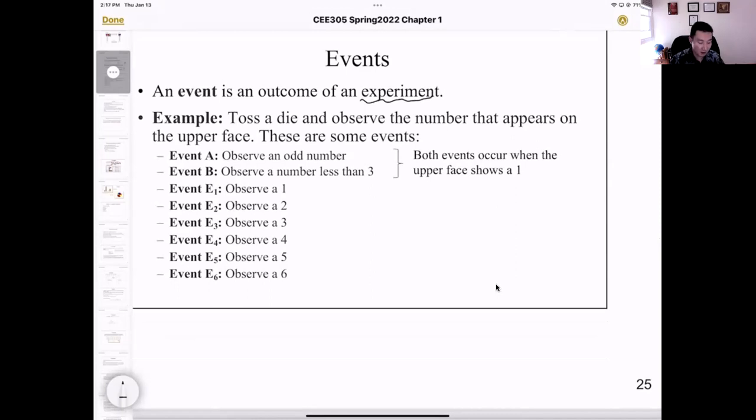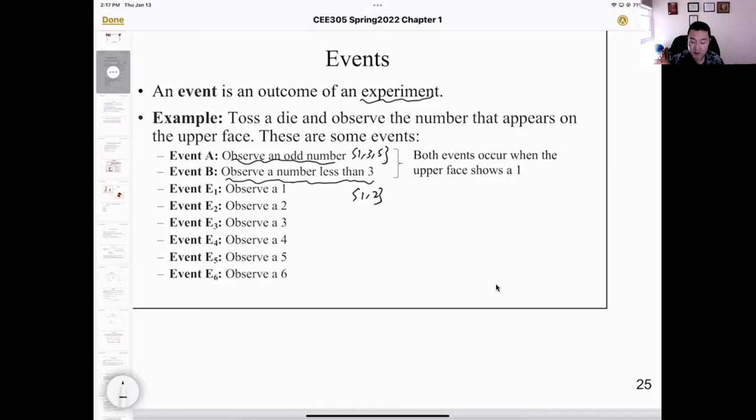Let's say event A is defined as observing an odd number, including 1, 3, and 5. And let's say event B is defined as observing a number less than 3, which includes 1 and 2.